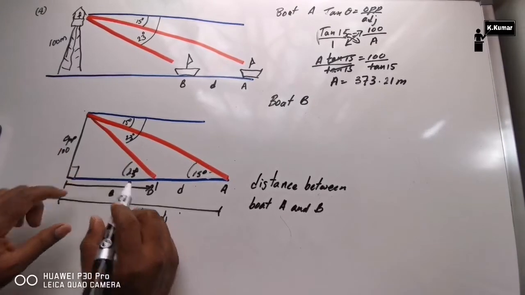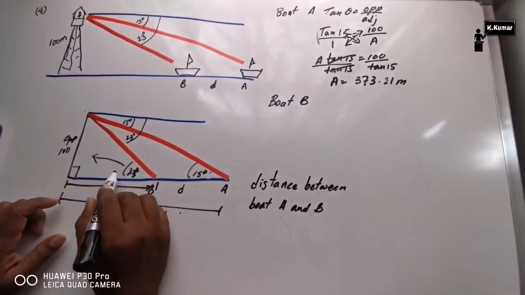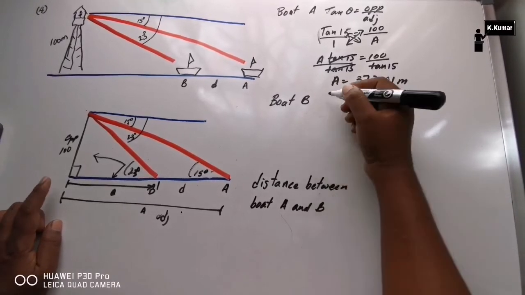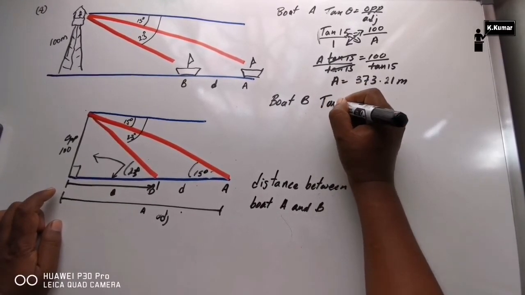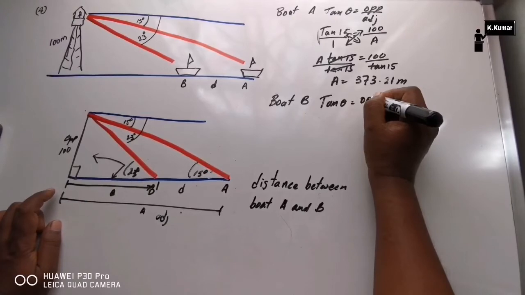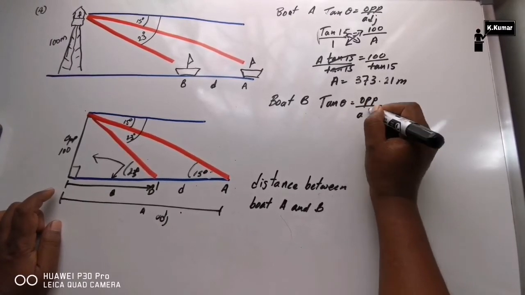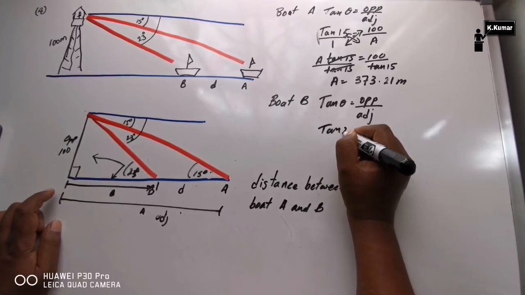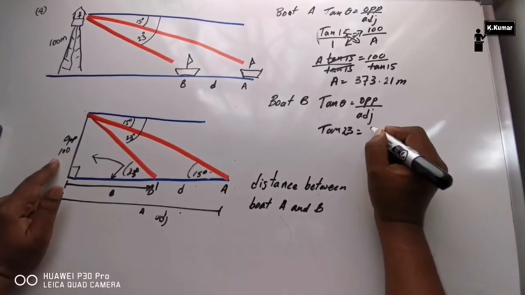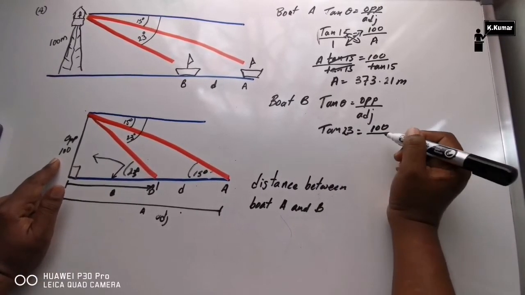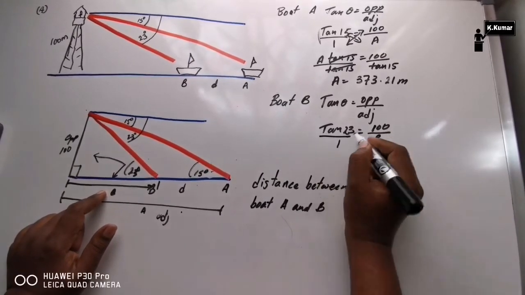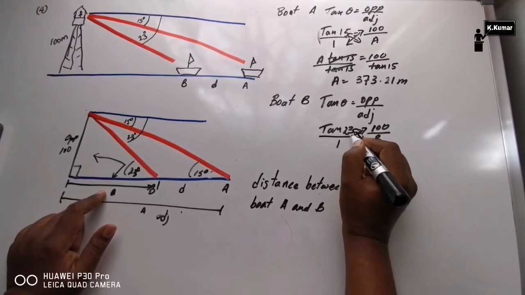Now let's look at boat B, which is in here. Now we're using the 23-degree angle. Again, this is our opposite side and this is our adjacent side. So opposite and adjacent is tan. Tan theta is equal to opposite over adjacent. Tan 23 is equal to the opposite side, which is 100, over the adjacent side, which is B. Put this over 1 and then we cross multiply.